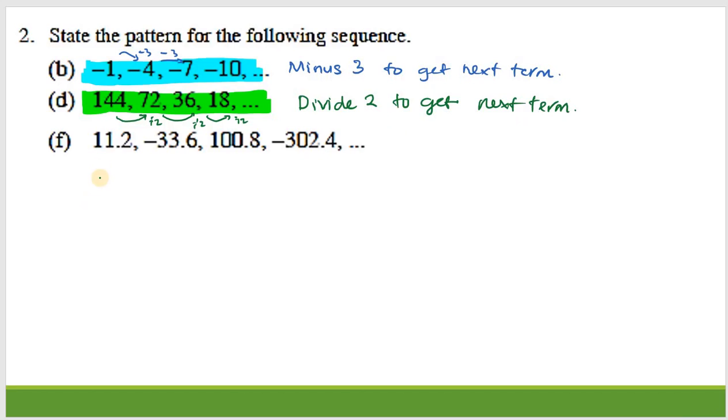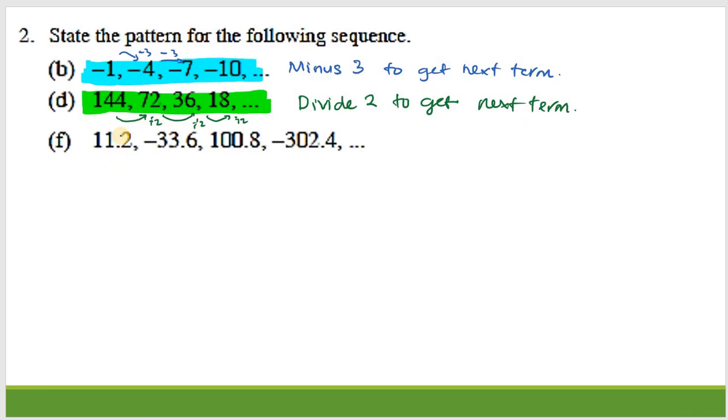Okay, and then the next one, 11.2 becomes negative 33.6. Suddenly becomes negative and suddenly becomes positive, and then continues to become negative. So that means this one is involved with integers, and the positive and negative signs change. It only involves multiplying or dividing by an integer.